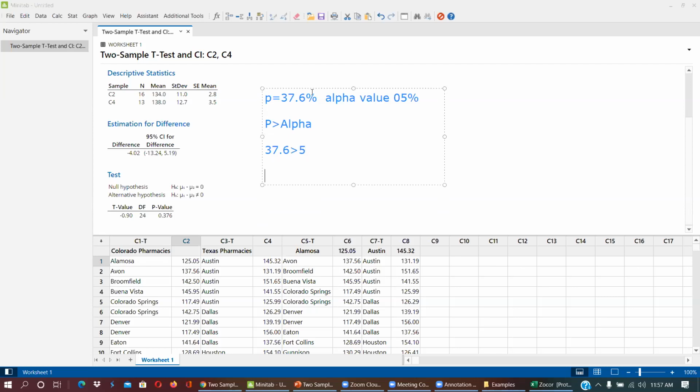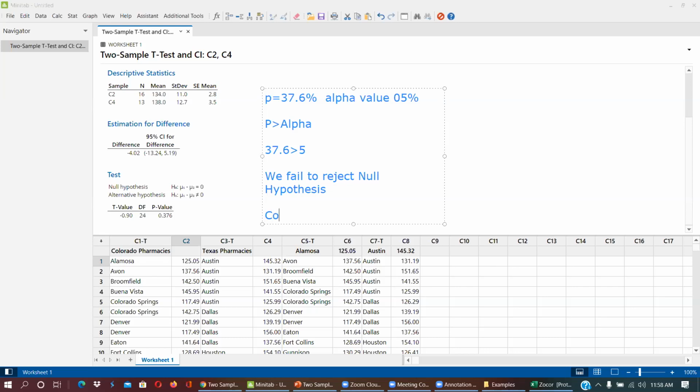Therefore, what can we say? The null hypothesis is accepted, or in technical words, we fail to reject the null hypothesis.